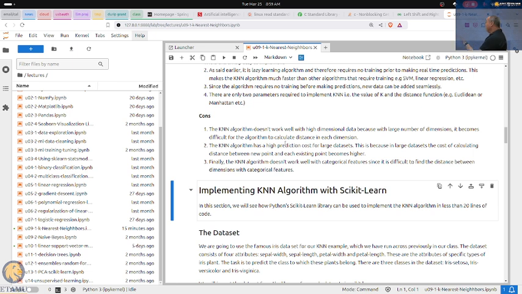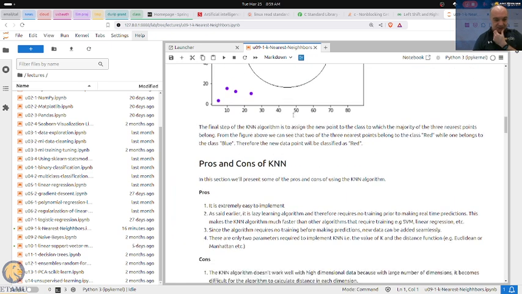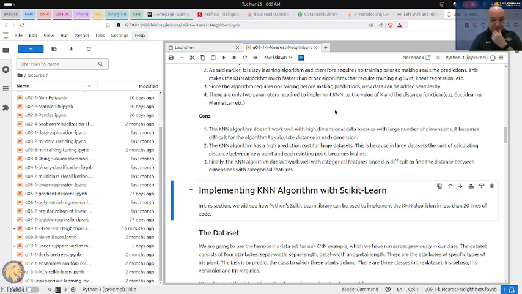But if you have a category, you might have to encode it in different ways to get them to work well. According to some of the tutorials I had, it can be problematic for KNN to have categorical features.